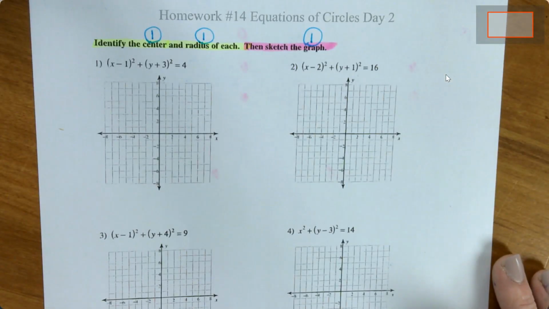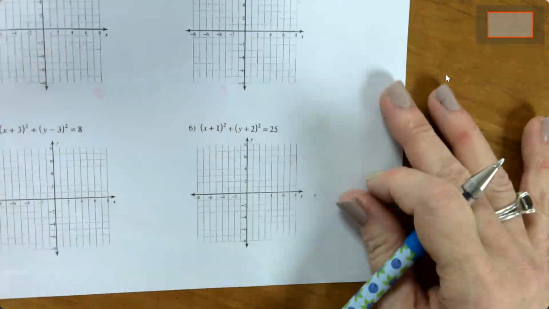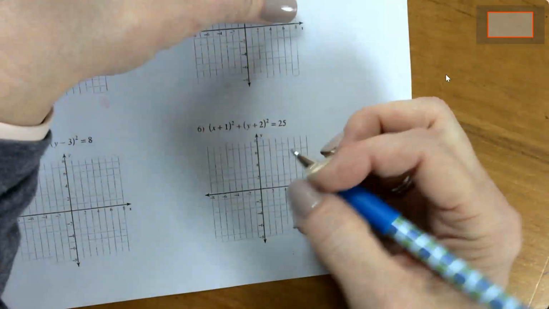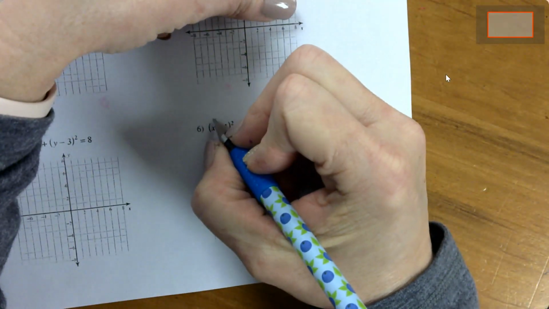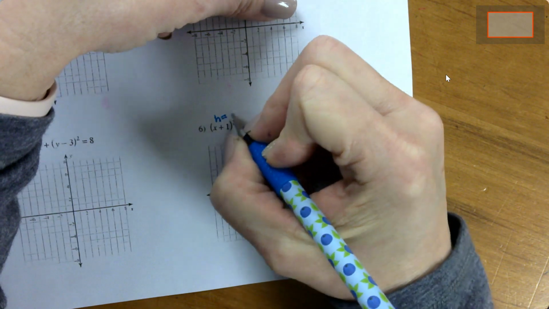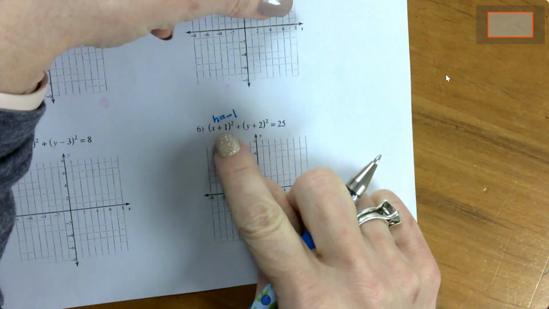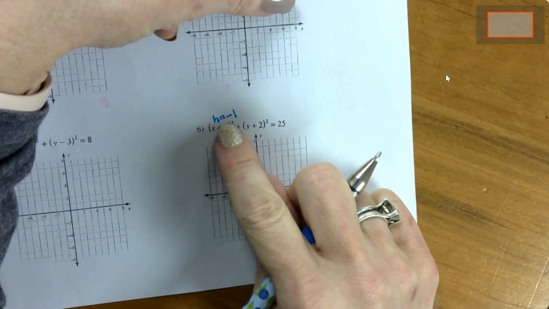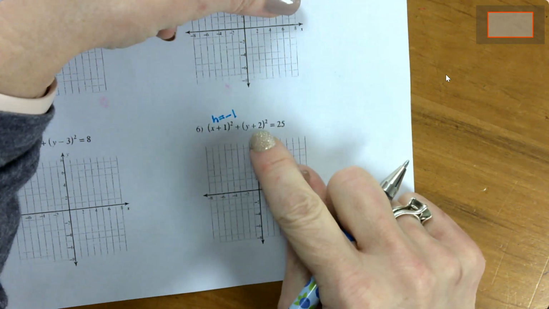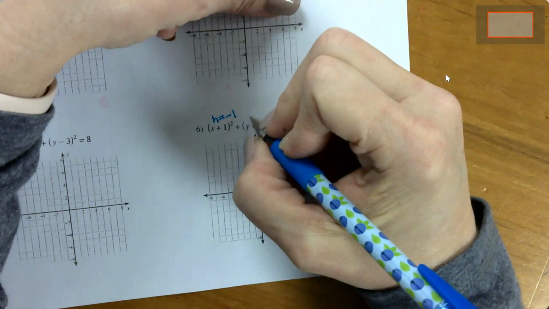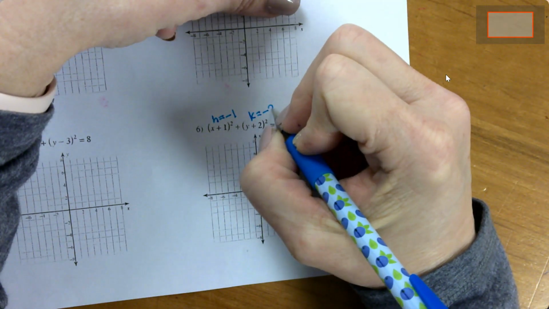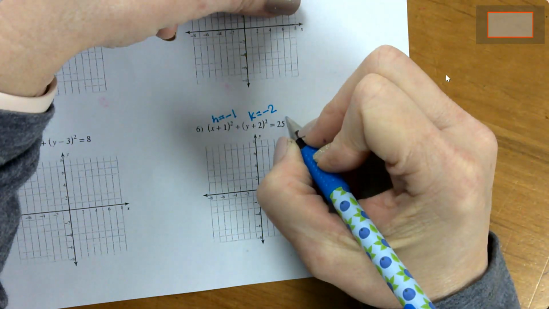So to the left 1 and down 2, put my center. How big is my radius? 5. So 1, 2, 3, 4, 5 in each direction. Okay. And then compass.